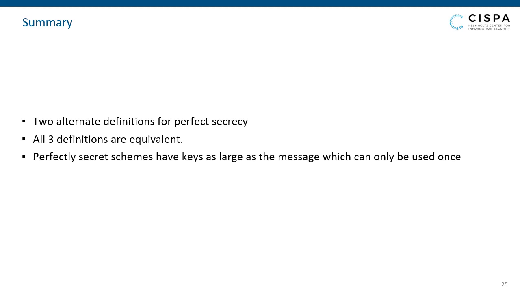And finally, the need for large keys in the one-time pad is inherent if we want to achieve perfect secrecy. Now, this naturally leads to the question of which compromises we have to be willing to make in order to obtain efficient encryption schemes that have short and maybe reusable keys.